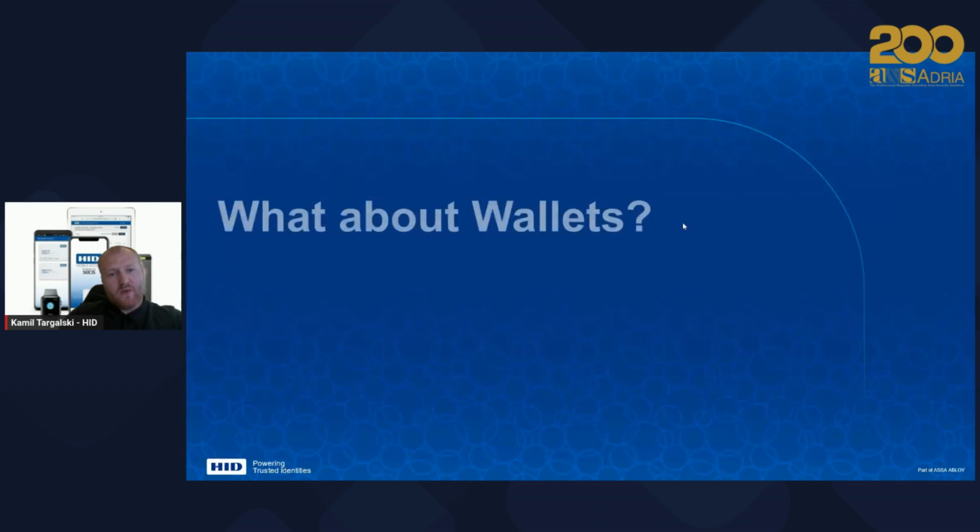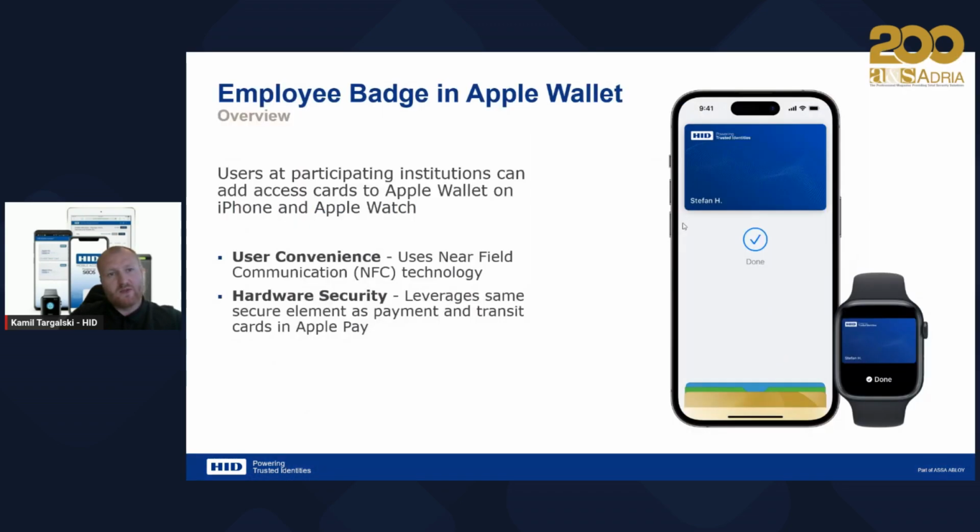Okay, so what about wallets? How does it work? What's the difference? What's the added value? The employee badge in Apple Wallet is an integrated approach where we are able to load the HID mobile ID directly to Apple Wallet on an iPhone or Apple Watch.